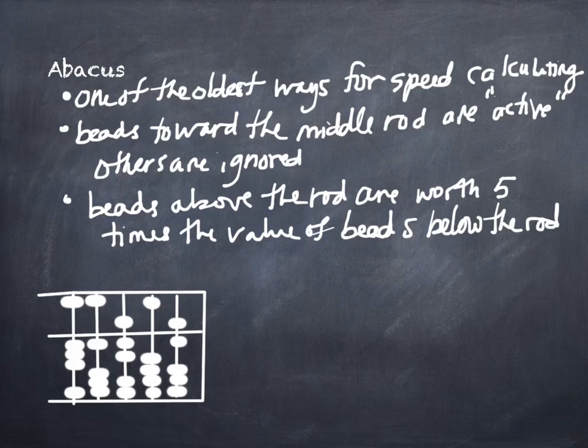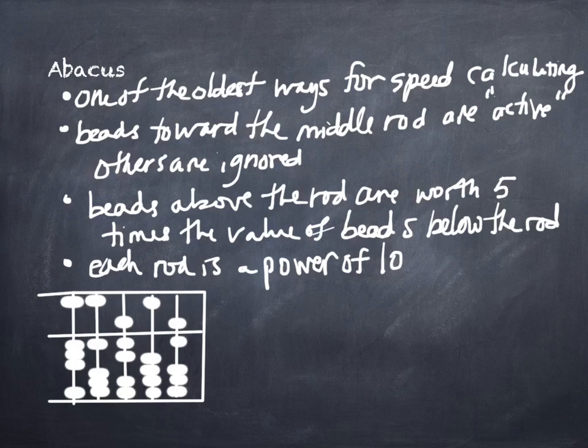And this is expressing these things as powers of 10. So each rod is a power of 10. And it's like what we do when we write our number system with the largest power on the left.